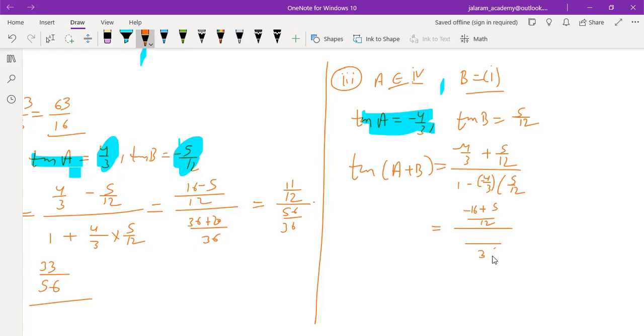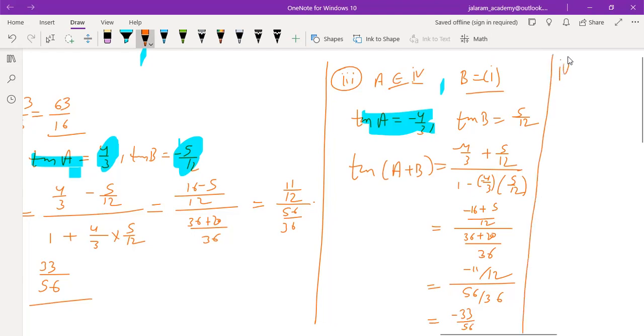And the denominator LCM is 36, so 36 plus 20. You can simplify first, then take the LCM also, but to save time, I am doing it directly. So minus 11 by 12 over 56 by 36, clearly 12 threes are 36. So it is minus 33 by 56.